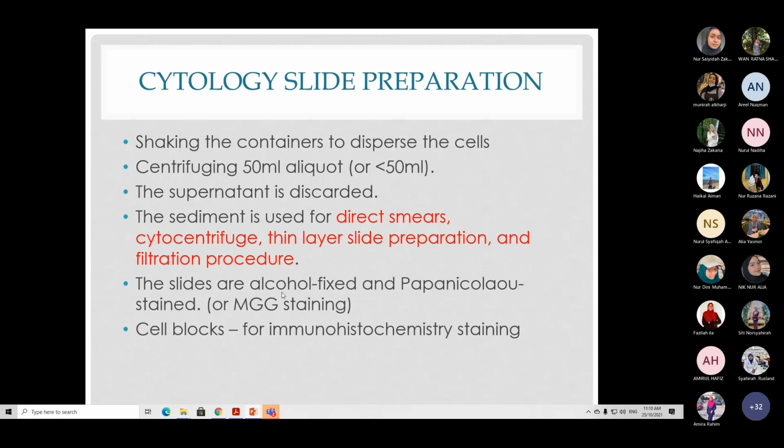And the slides are alcohol fixed, and you proceed with the Papanicolaou stain or Pap stain, the short term for the staining. Or sometimes you can perform MGG staining. And in some cases, I think in special cases where you can't really decide the outcome from the stained slide, you can pool the cells from the fluid and perform cell blocks. Okay, this is important for the special immunohistochemistry staining.